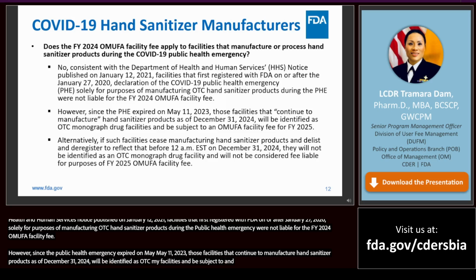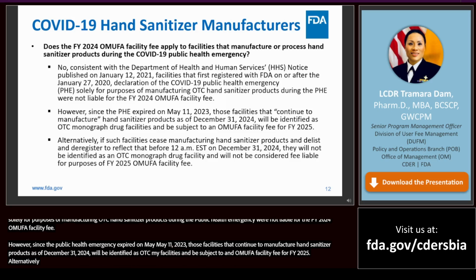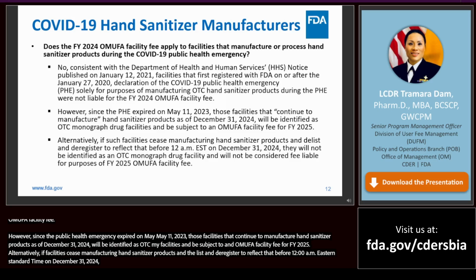Alternatively, if facilities cease manufacturing hand sanitizer products, delist and deregister to reflect that before 12 a.m. Eastern Standard Time on December 31st, 2024, the facility will not be considered fee liable for purposes of the FY 2025 OMUFA facility fee. This is very important to take note of.